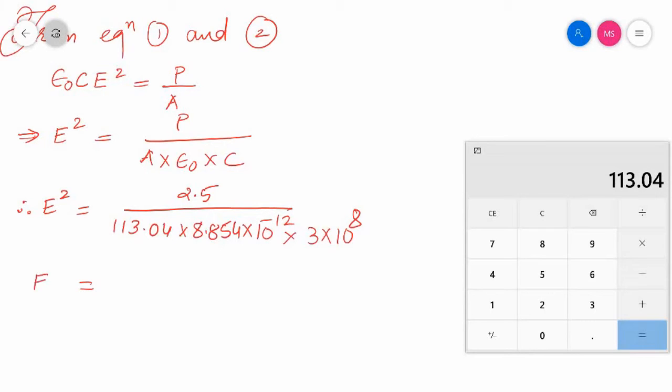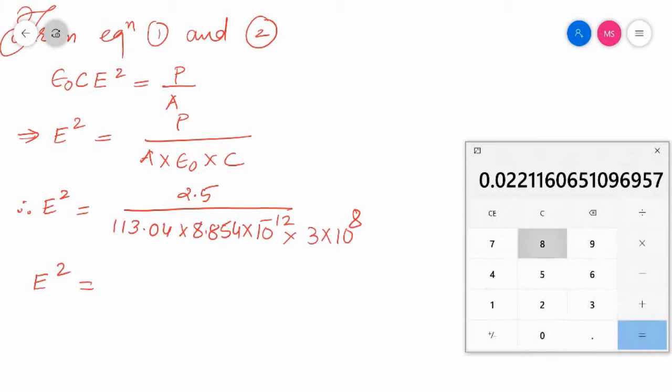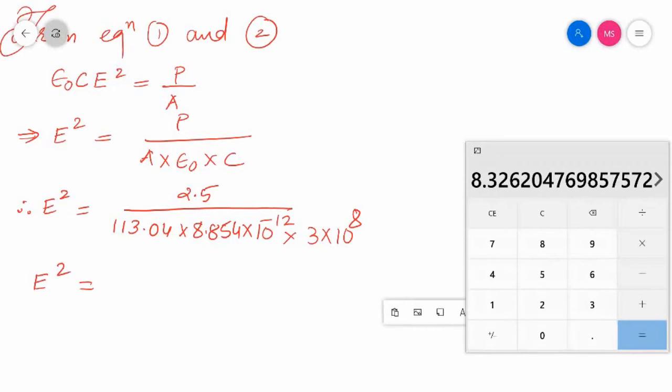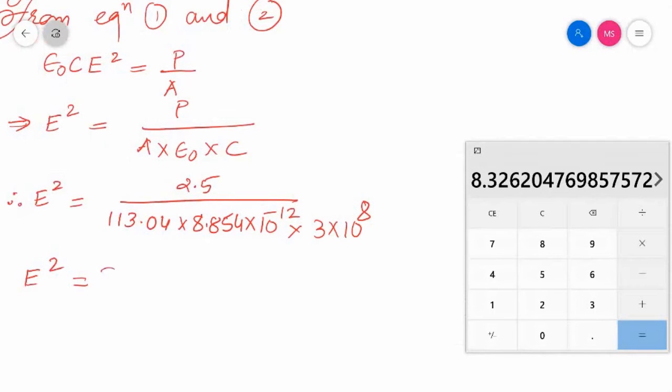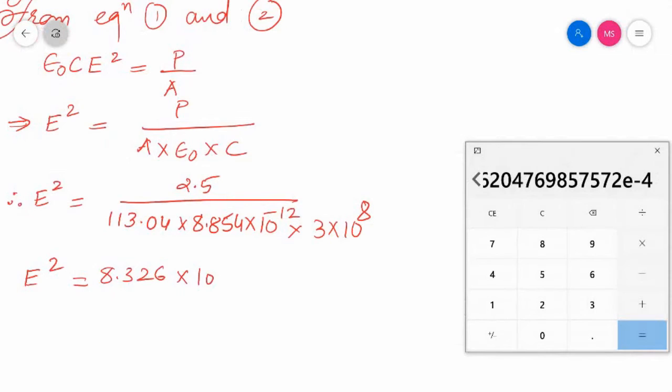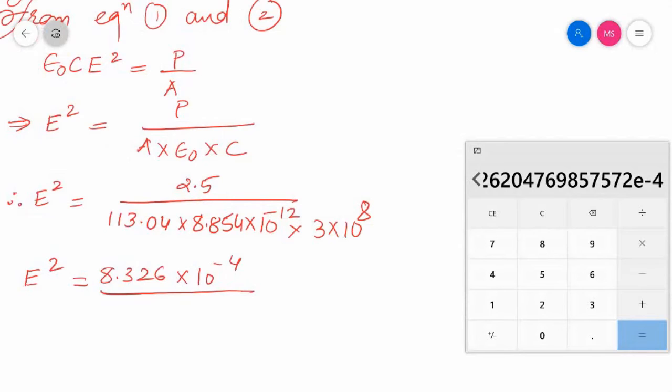So E square will be equal to 2.5 divided by 113.04, divided by 8.854 divided by 3, which will be 8.326 into 10 to the power minus 4 whole over, minus 12, 10 raised to power minus 12 and 10 to the power 8 will be equal to 10 raised to minus 4.